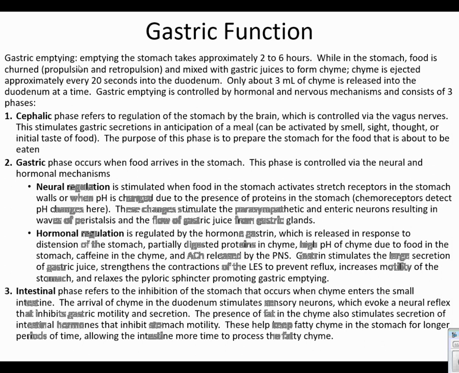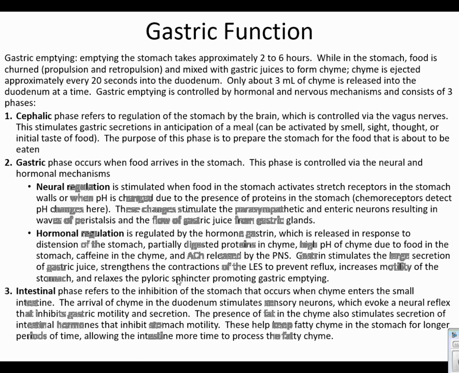Gastrin will stimulate the secretions of gastric juice, strengthen the contraction of the LES to prevent reflux, so it prevents the contents of the stomach from spilling back up into the esophagus, and then increases motility of the stomach, so it helps to mix things up faster and more, and then it's what stimulates the stomach to empty by relaxing the pyloric sphincter.